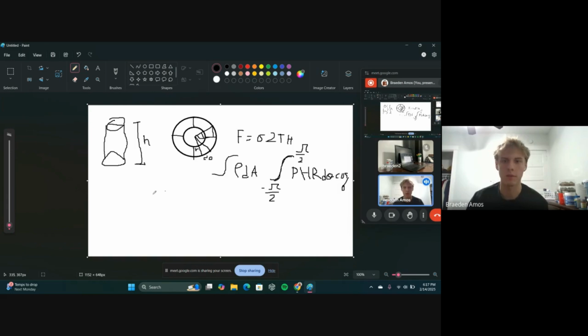Okay, so now we're going to evaluate the integral. So we're going to have P H R times sine of theta evaluated from negative pi over 2 to pi over 2.